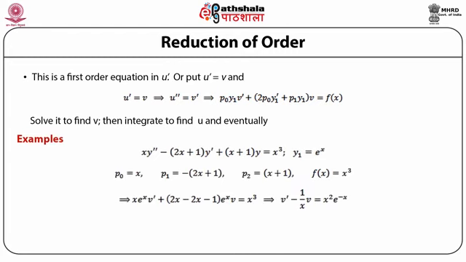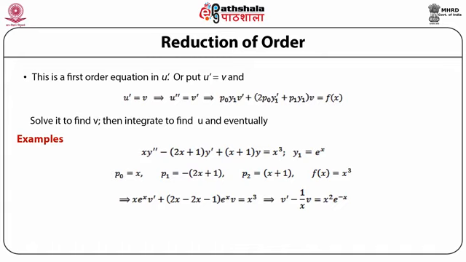Now we consider some examples. Consider the differential equation x y'' - (2x + 1) y' + (x + 1) y = x^3. Given that y1 = e^x is a solution of the complementary equation, then y = y1 u and u' = v.